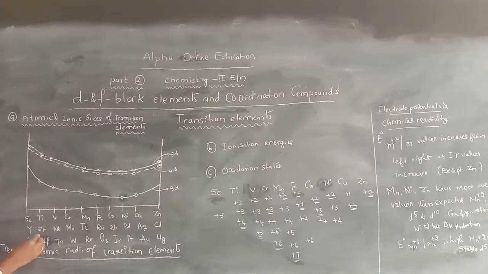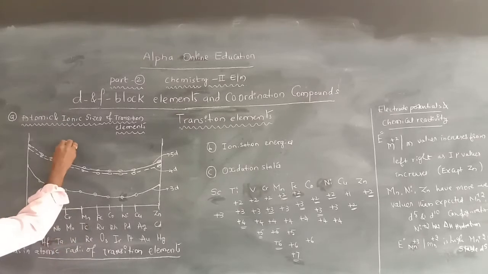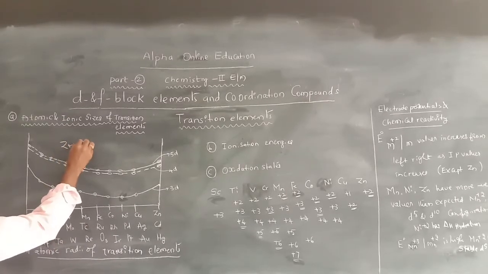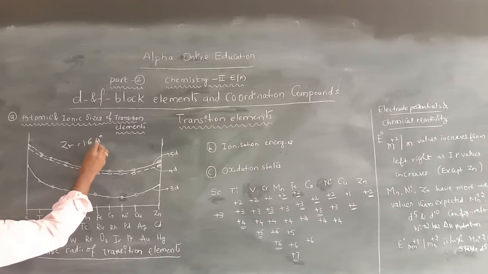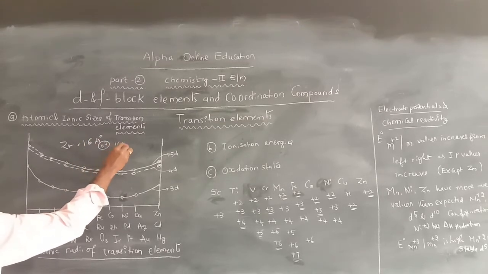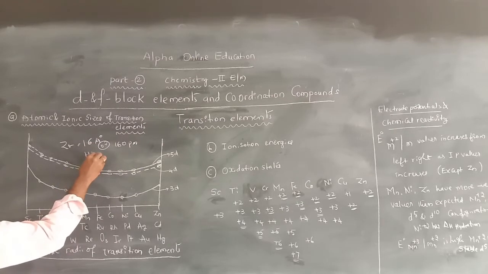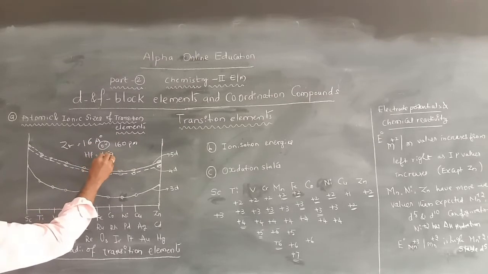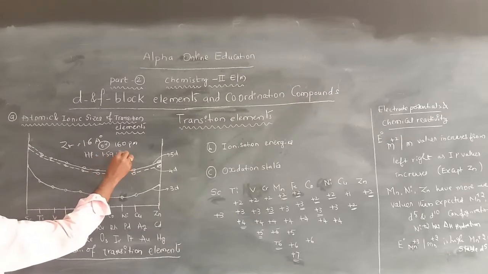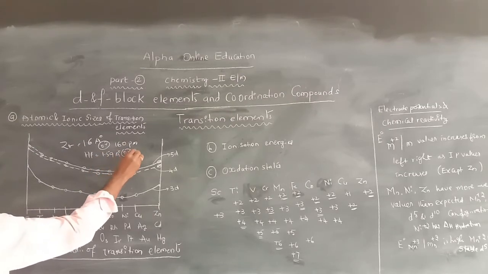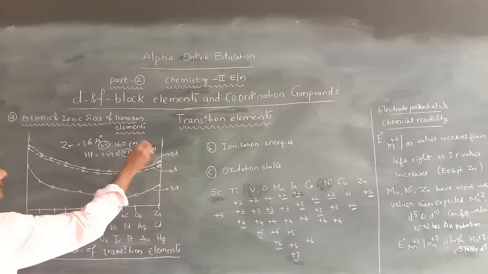The reason is what? When you observe the zirconium atomic size, it is 1.6 angstroms, or 160 picometers. Whereas hafnium is 1.59 angstroms, or 159 picometers.